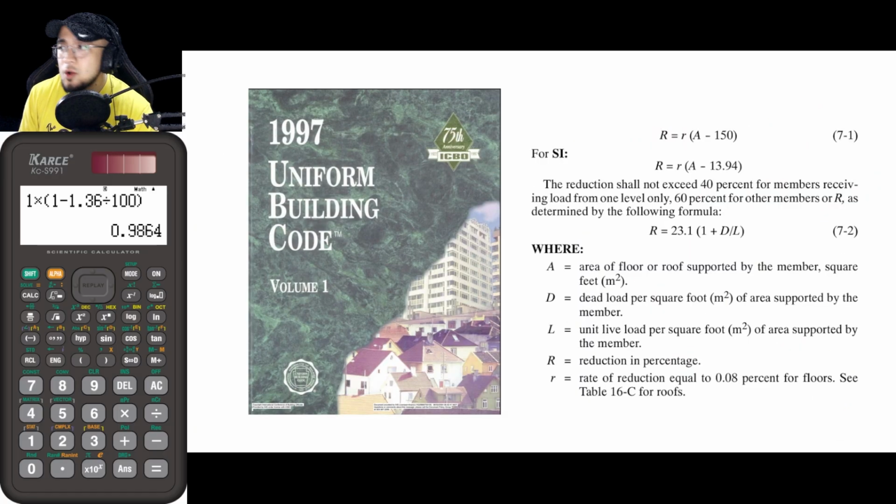And if you would now be comparing it with UBC, mag-iiba na po yung result and mas mararamdaman na po yung difference ng unreduced live load and reduced live load. So I'm not sure, baka may typo lang po siguro during the publication of NSCP 2015 na hindi po na-take into consideration yung difference po between metric and English units from UBC. So stay tuned for the next video po.